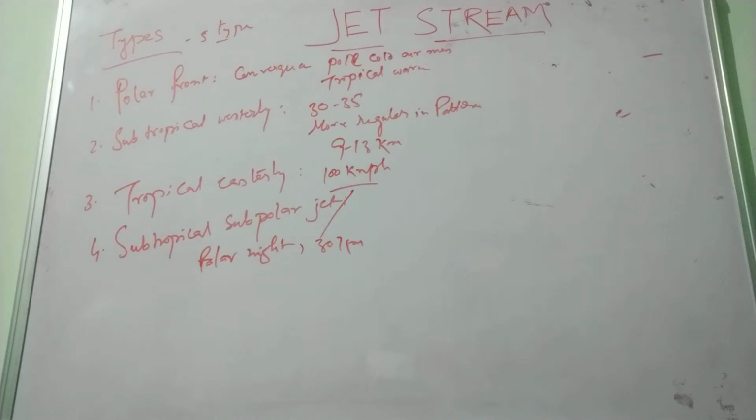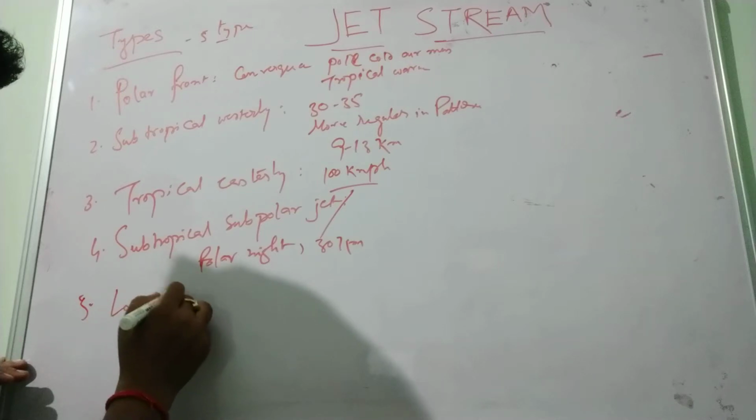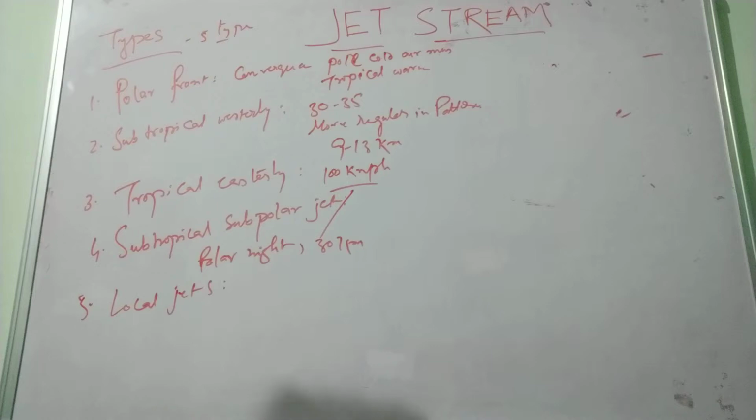They become a very strong westerly circulation during winter, and their velocity increases considerably. And the last one is the local jet stream. These jet streams are formed locally by the thermal and dynamic changes taking place in the atmosphere.